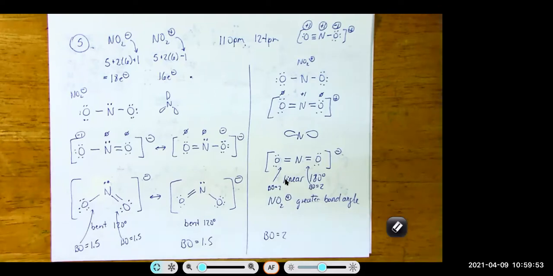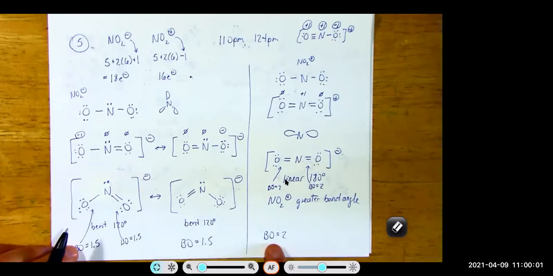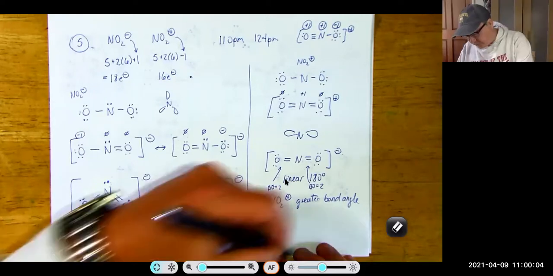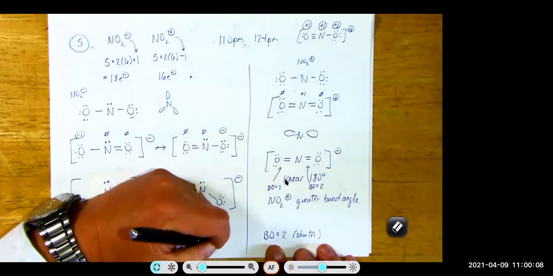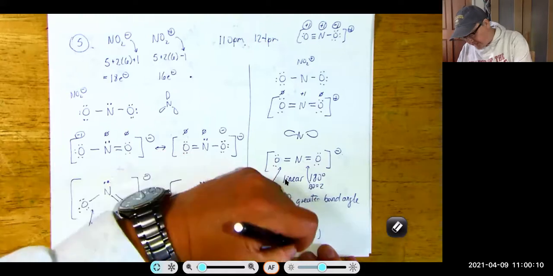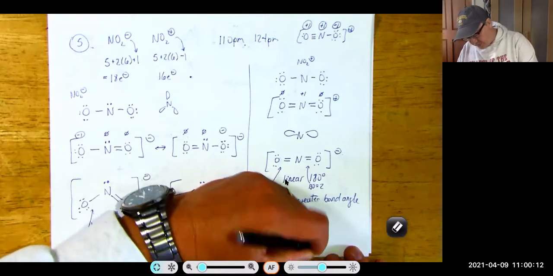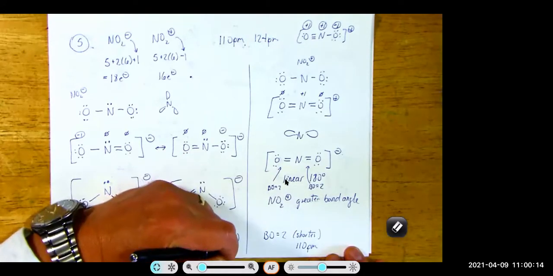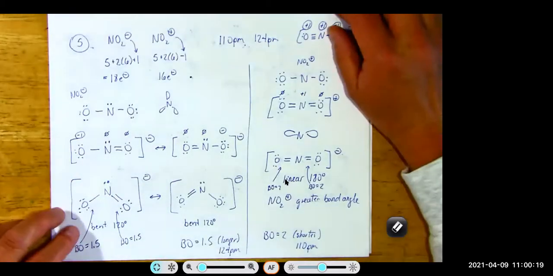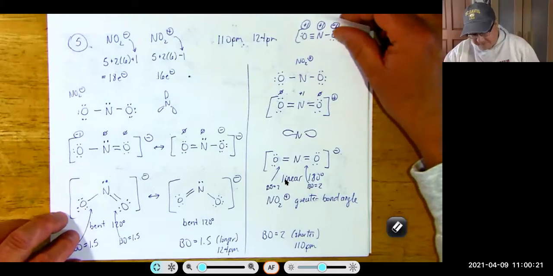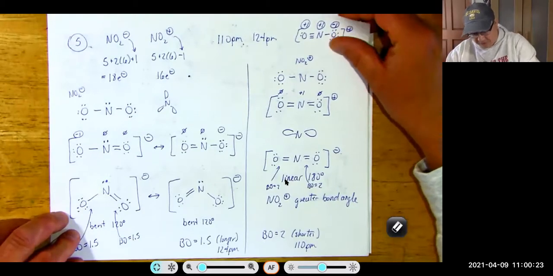So the larger bond order has a shorter length. So this one should be shorter and this one should be longer. So this one should be the 110 and this one should be the 124. I think I just got it mixed up in my head. You just went with smaller, smaller, bigger, bigger.